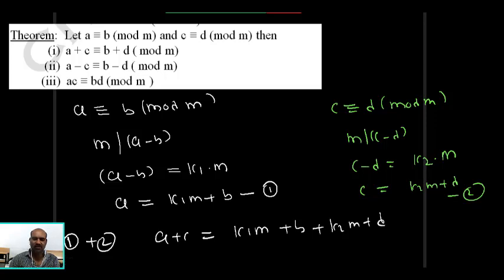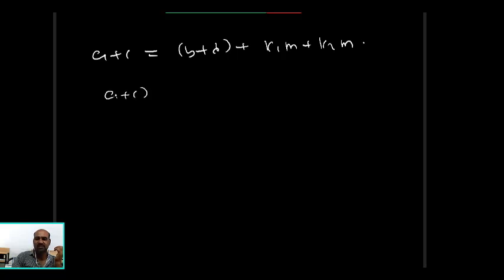What can I write? I will write it on the next page. A plus C, sorry, A plus C equals B plus D plus k1 times M plus k2 times M. So what can I write? A plus C minus (B plus D) equals M times some integer k1 plus k2. What is the meaning of that?